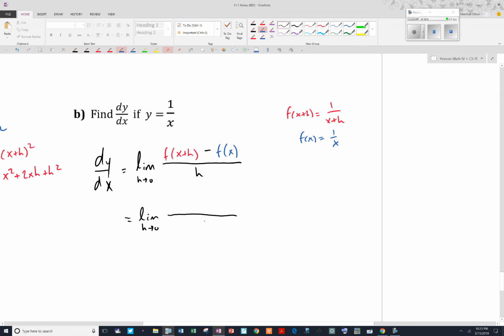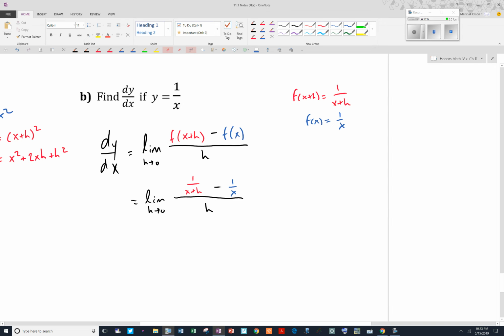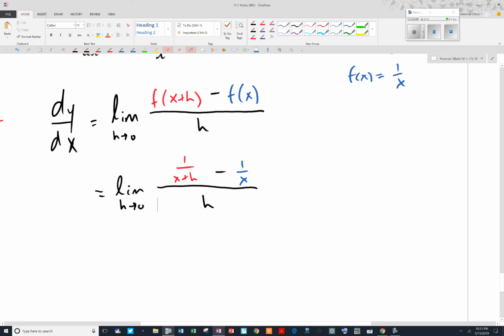So we have 1 over x plus h minus 1 over x. What we want to do here is combine these two fractions in that numerator, so we're going to have to get a common denominator.